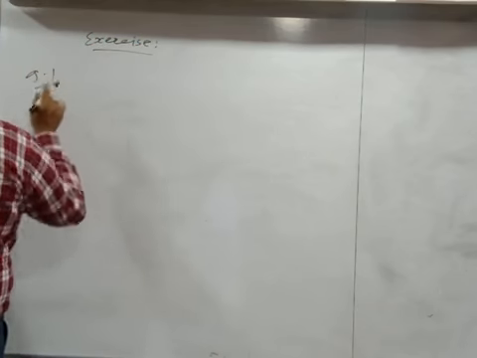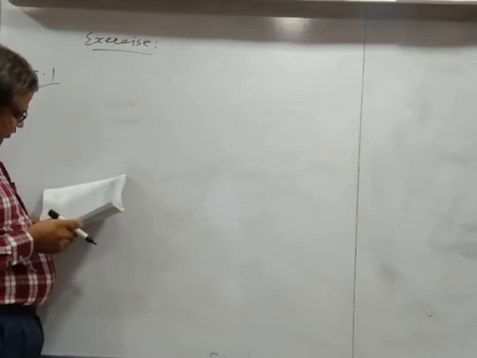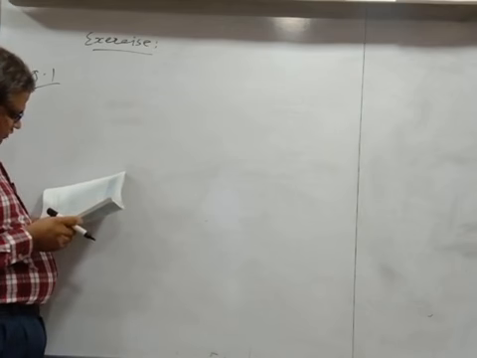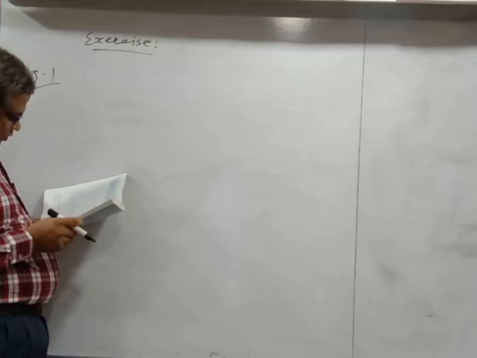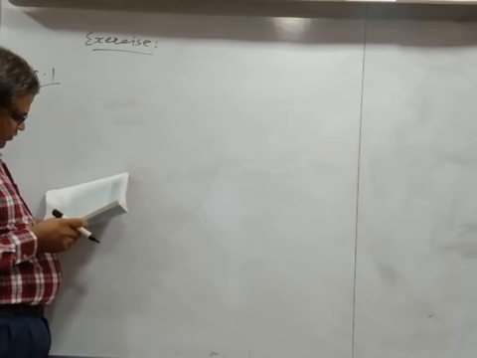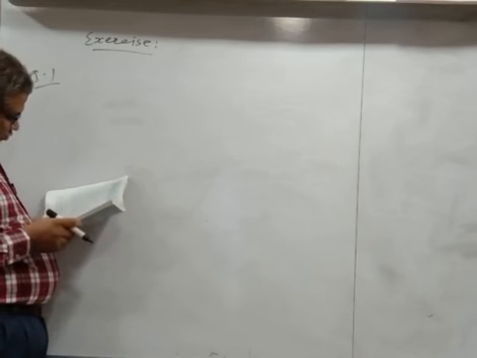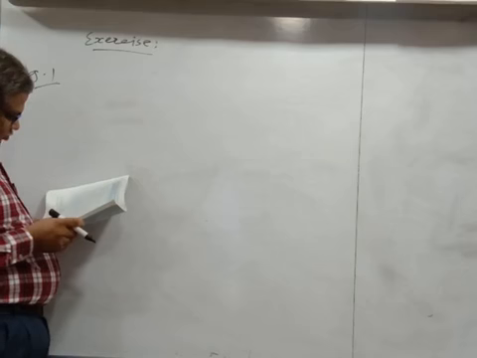Question number 9.1. It says a steel wire of length 4.7 meter and cross-sectional area 3 into 10 raised to minus 5 meter square stretches by the same amount as a copper wire of length 3.5 meter and cross-sectional area 4 into 10 raised to minus 5 meter square under the given load. What is the ratio of Young's moduli of steel to that of copper?